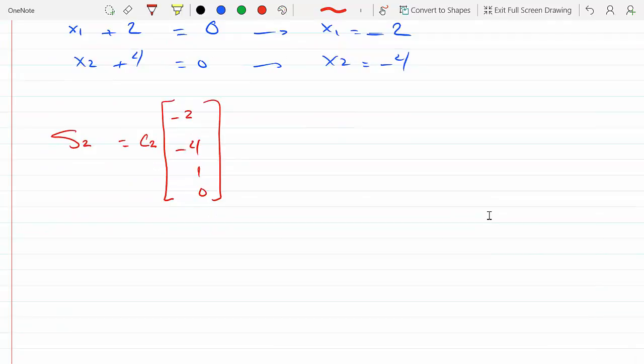Okay, so that means my final answer will be the linear combination of all these special solutions.